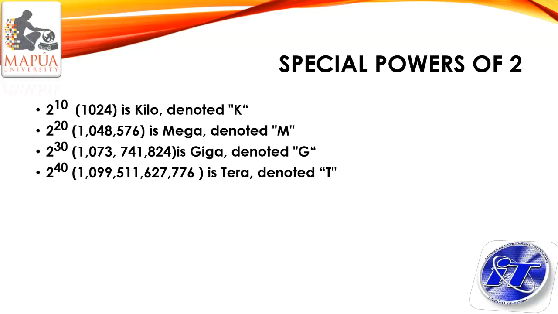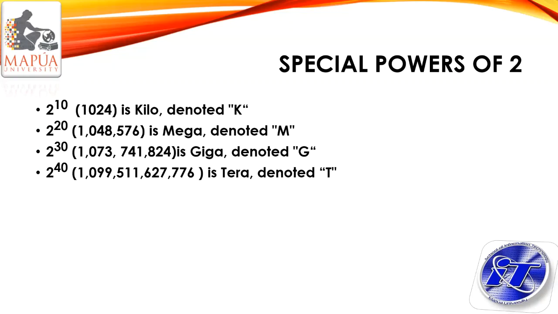If you're going to use kilo, it means 2 raised to 10. If it's mega or M, it means 2 raised to 20. If it's giga or G, it means 2 raised to 30. And tera is 2 raised to 40. Okay, so we use this notation as a prefix to our binary digits.